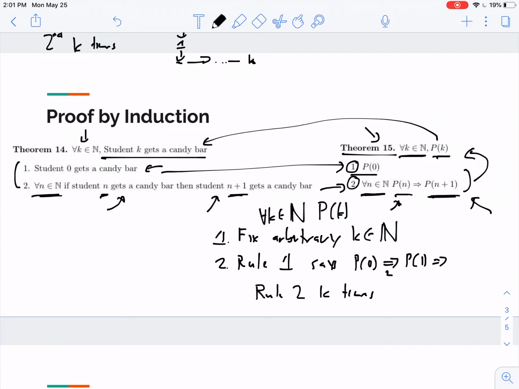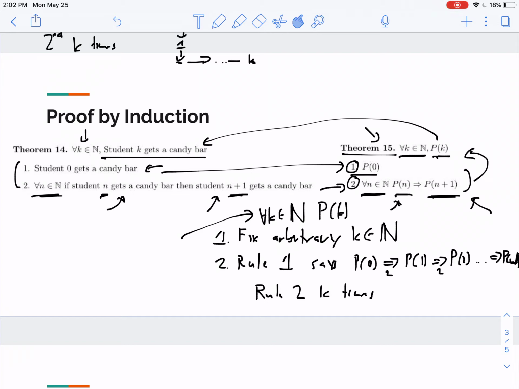And rule 2 for 1 says P of 1 implies P of 2. And we'll just keep going, and eventually that will imply P of k, which is exactly what we want. So that shows that these two rules imply that this statement is true for any k. Because remember, if you fix an arbitrary k and prove that it's true for that k, then that proves it's true for all k.